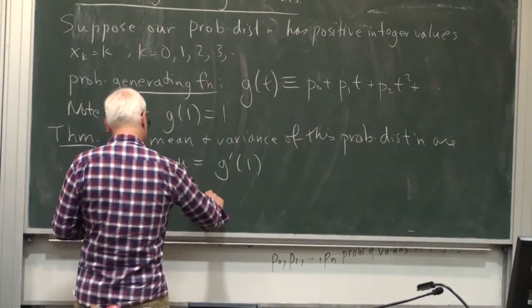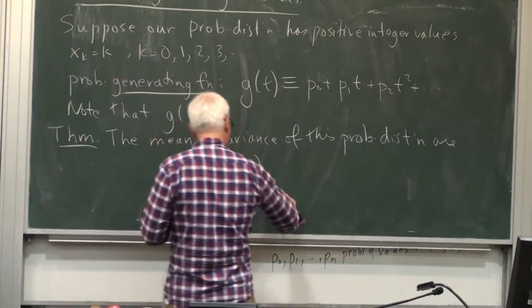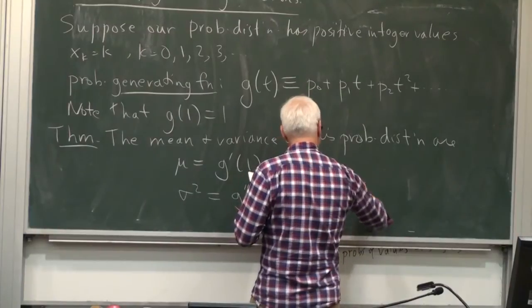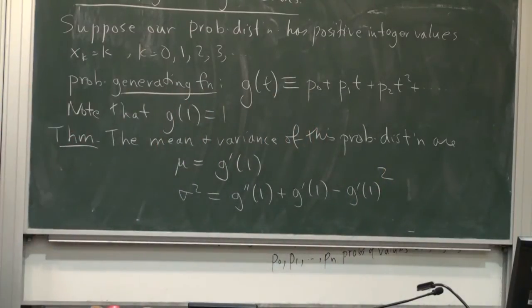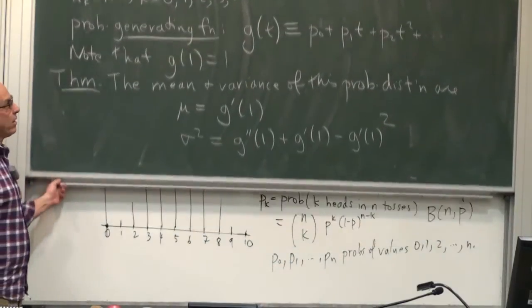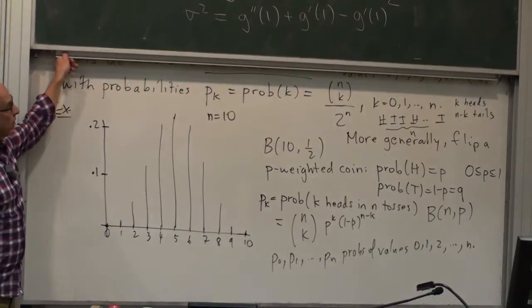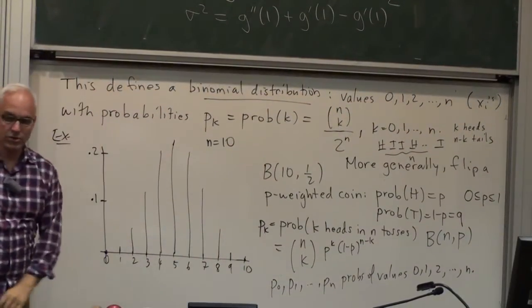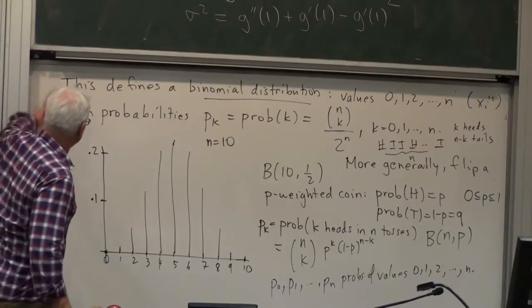And the variance, sigma squared, is g double prime at 1 plus g prime at 1 minus g prime at 1 all squared. So a little bit of calculus is getting at the means and variances via this formula.